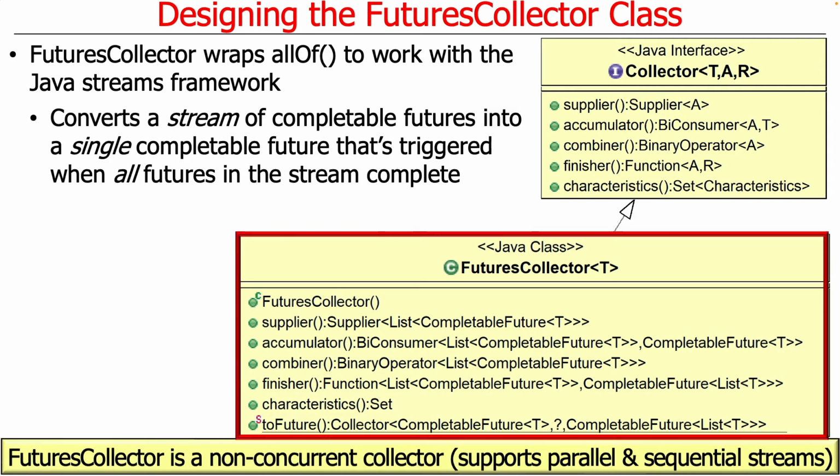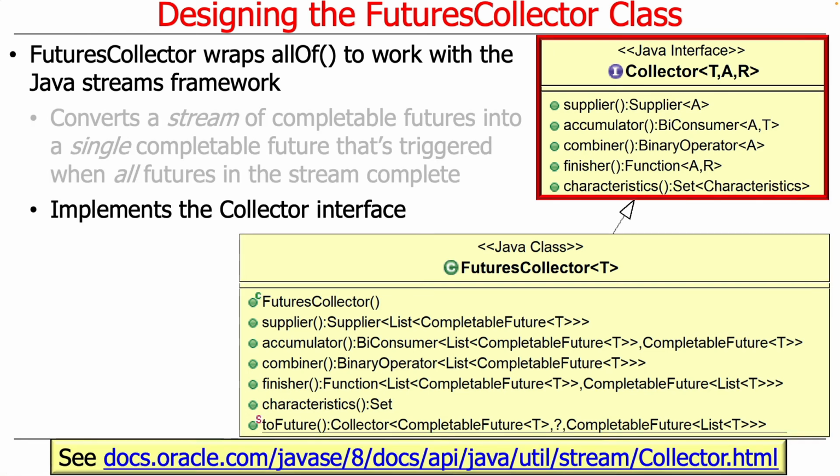So here's what things look like. We have this FuturesCollector class, and it converts a stream of completable futures into a single completable future that's triggered when all the futures in the stream complete. Remember, future means completable future in this context. The FuturesCollector class, in turn, implements the Collector interface.